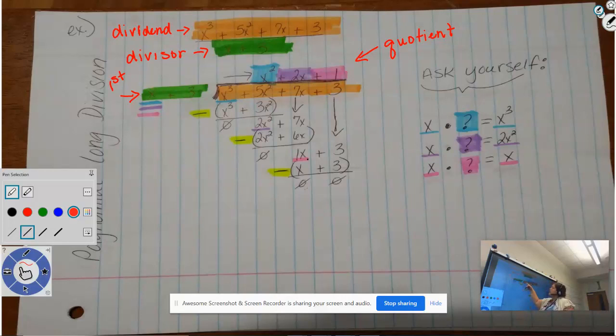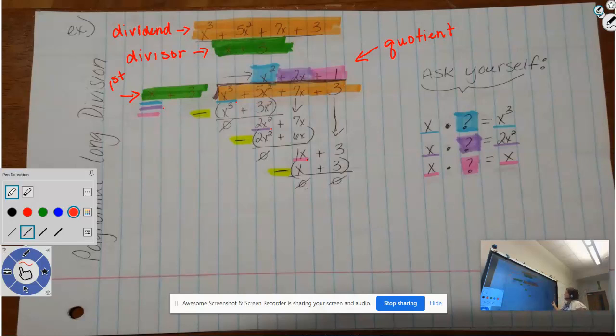And the first term for the dividend is x to the third, right? You'll notice I have a blue highlight here, a blue highlight there, a purple highlight for my first term in the dividend, a pink highlight for the first term in the divisor, and a pink highlight for the first term in my dividend. This just helps us to see how the process flows.